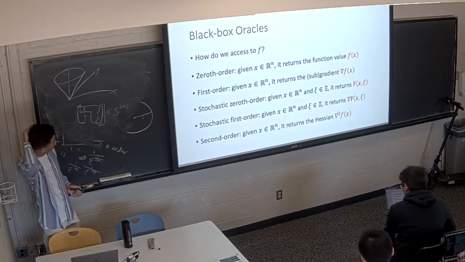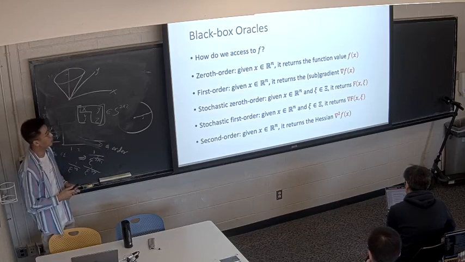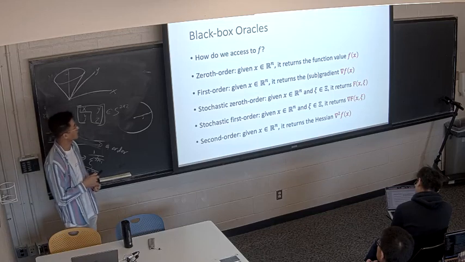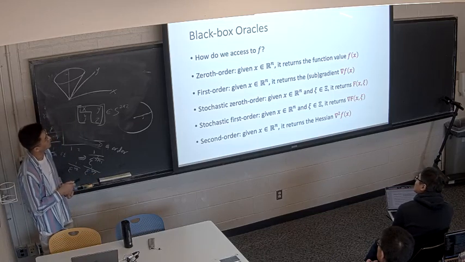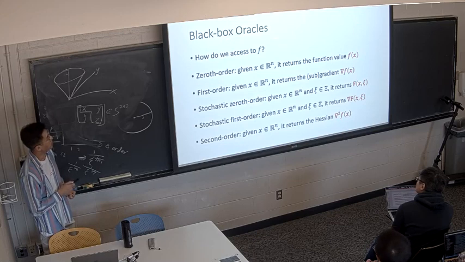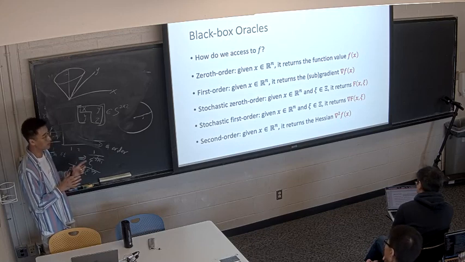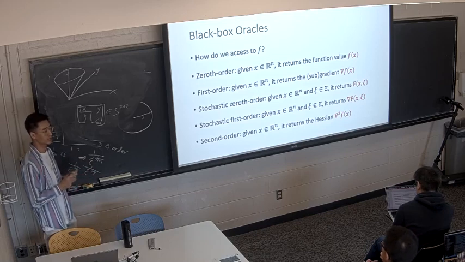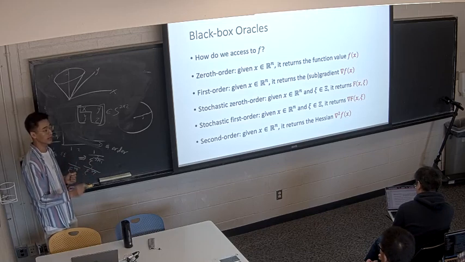Since we want to talk about first order methods, let's be more specific about what first order means. So basically, this is the question we need to ask. Without giving you the exact formula of f, what kind of access do we have to evaluate f?